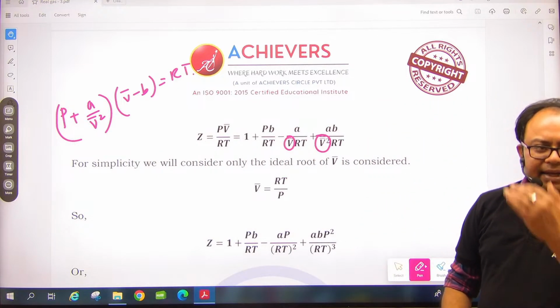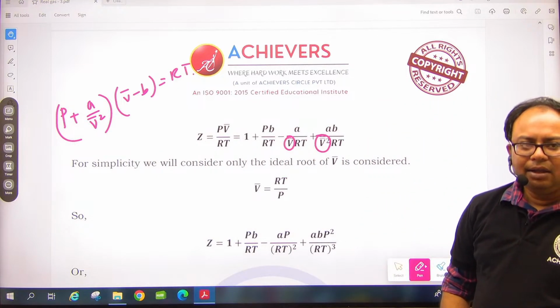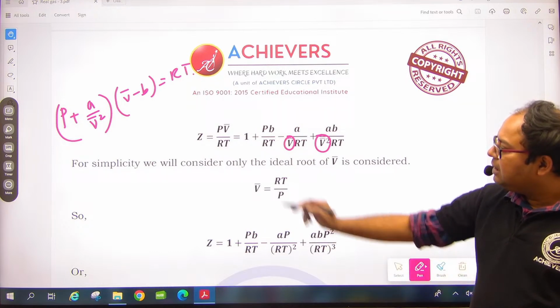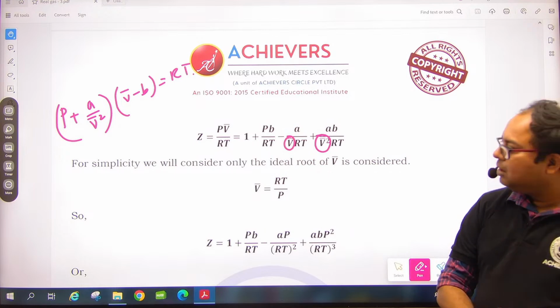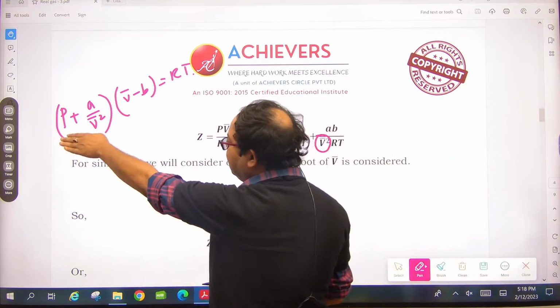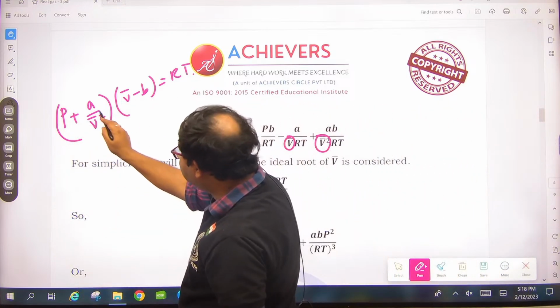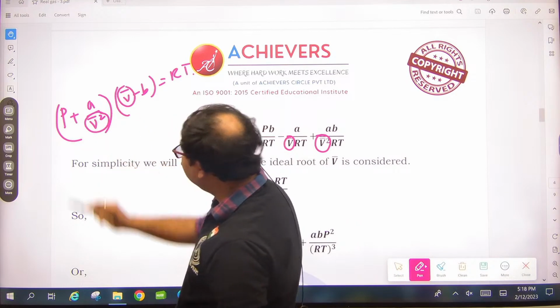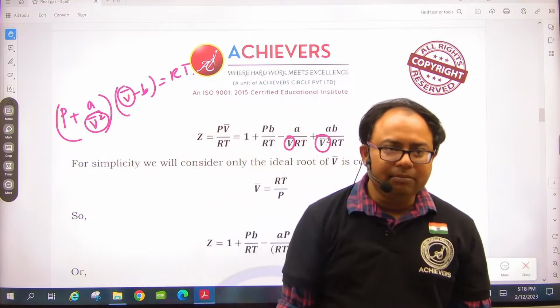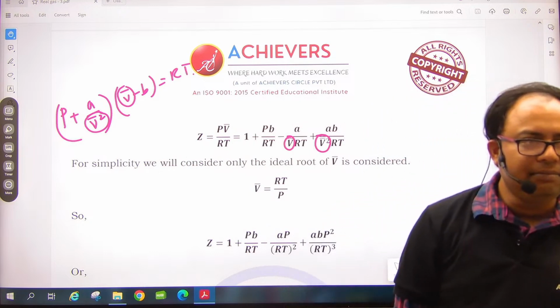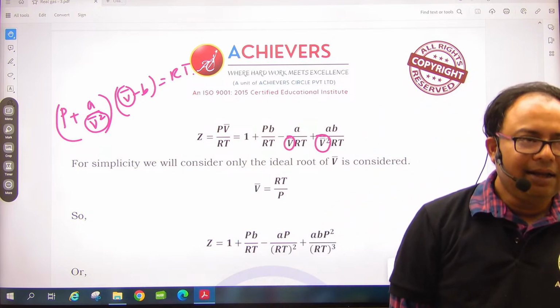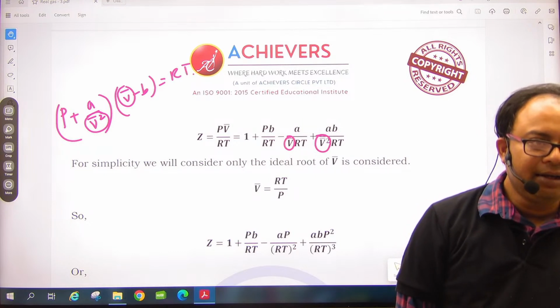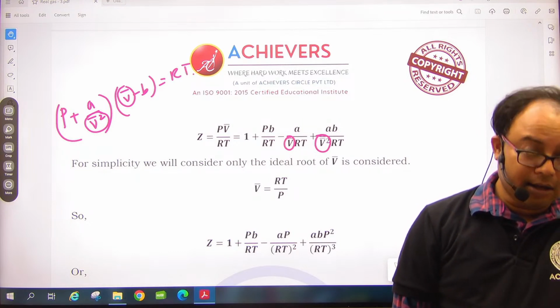If you write it in a single line, then you'll see that it's a cubic equation of state. If you take the LCM altogether, then this V bar square and V bar term will yield a cubic term. If you do the LCM and proceed algebraically, you'll see that it's a cubic equation of state with respect to V bar.